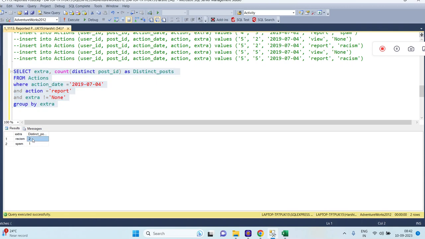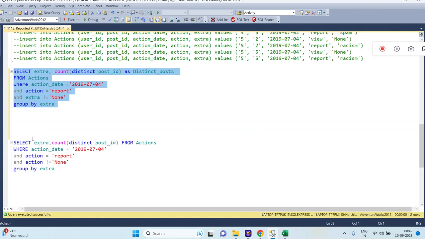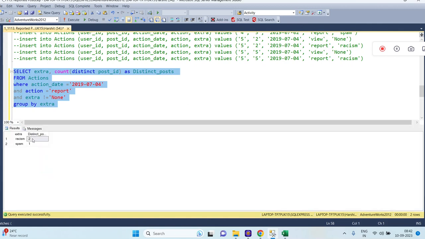If you see here, for racism two distinct posts are there, and that is done by the same user, as we have already seen. And for spam, there is one distinct post reported for the spam extra reason. So this should be our output.